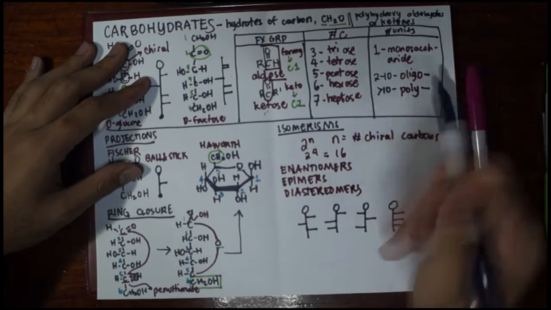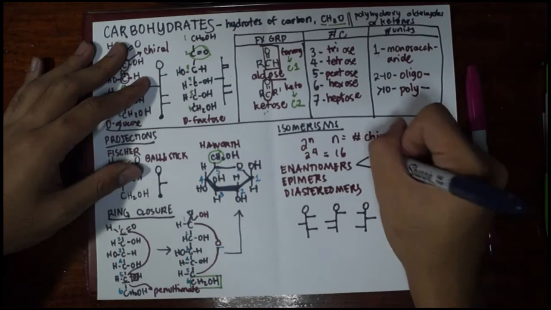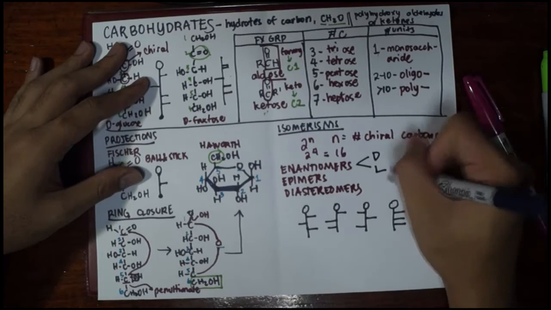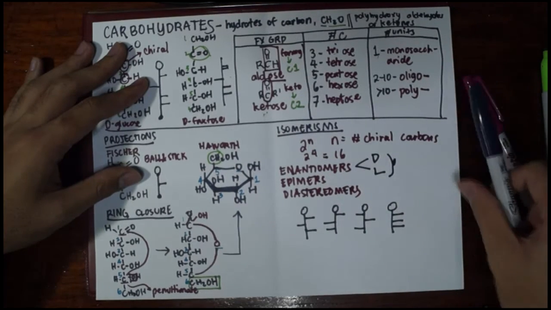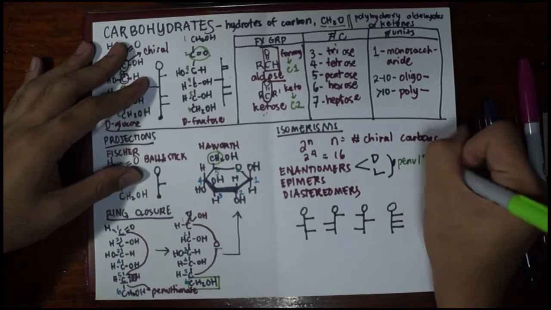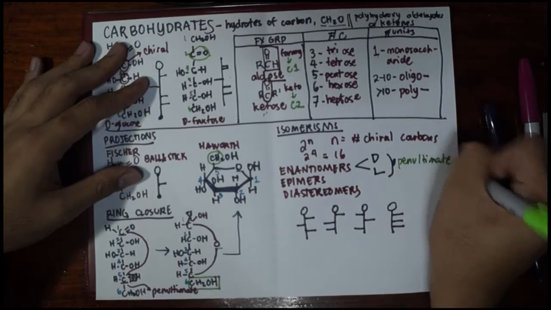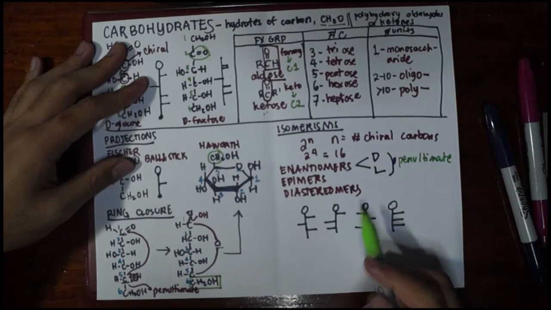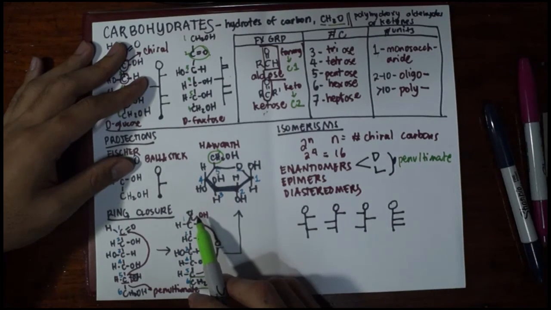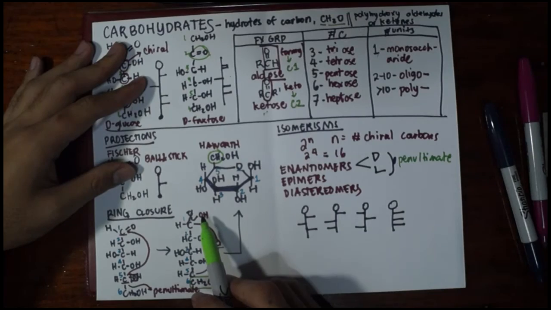Enantiomers, optical activity. How will we be able to know if it is D or L? We have already encountered this in nucleic acids and amino acids. We look at the penultimate carbon. If the penultimate carbon points to the right, it's D. If it points to the left, it's L. Just that simple.